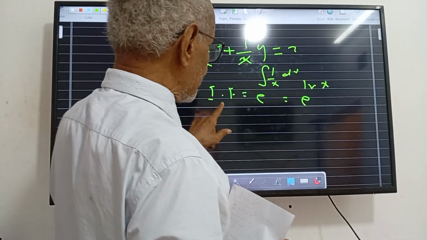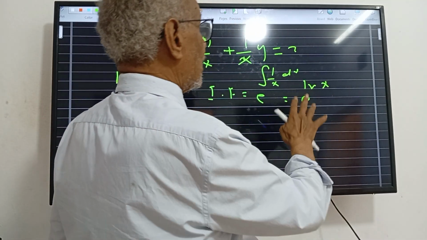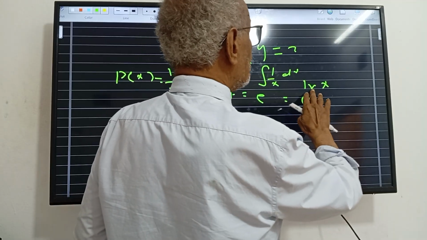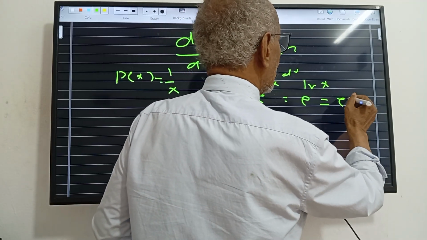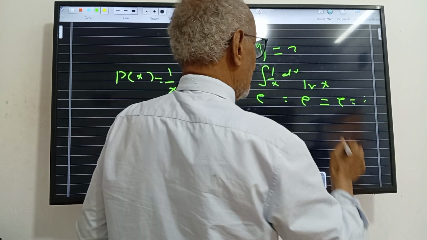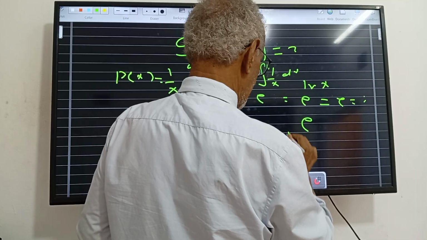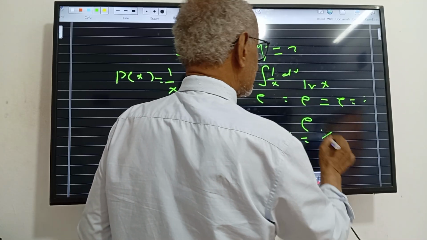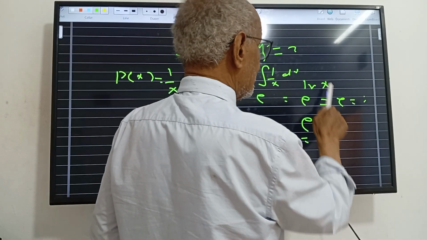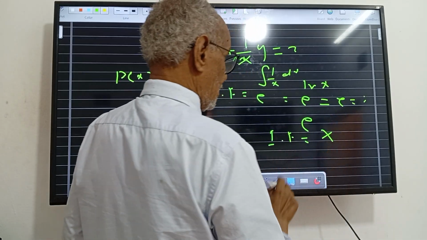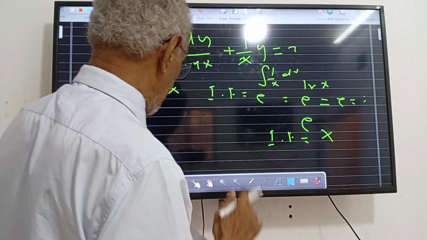So the integration factor equals e to the power ln of x, and we know that e raised to the power ln of x equals x. So the integrating factor is x.